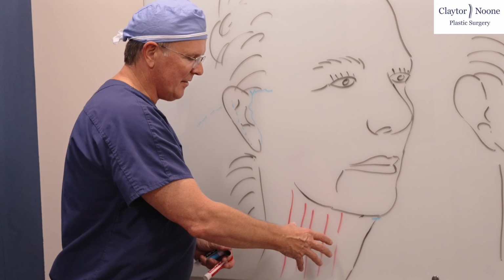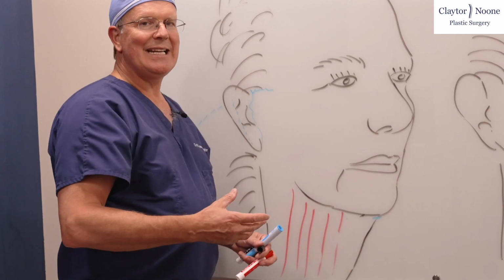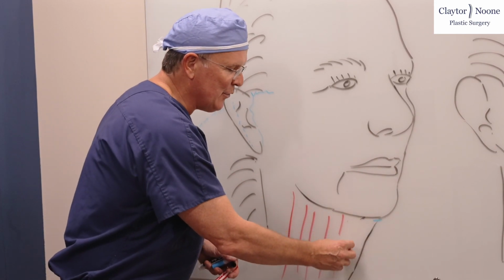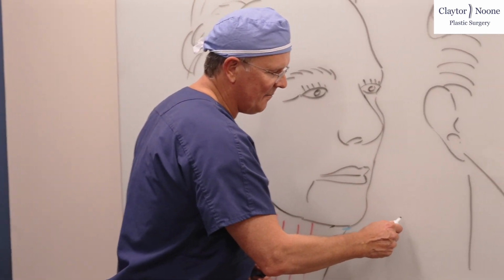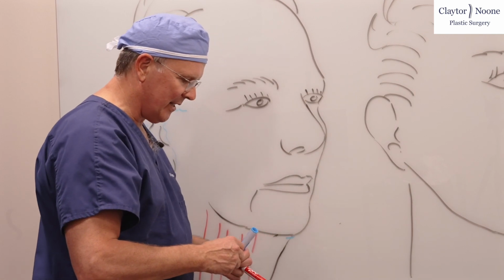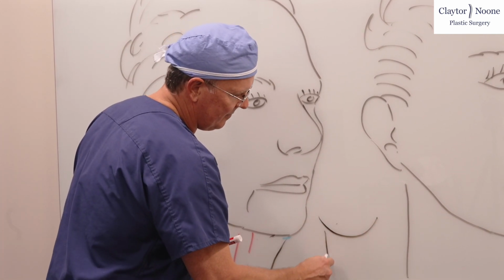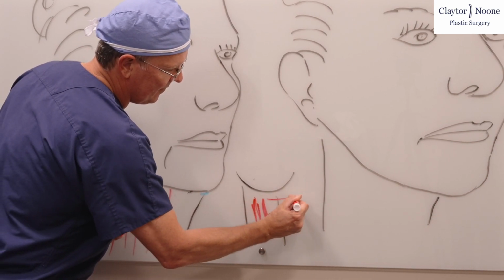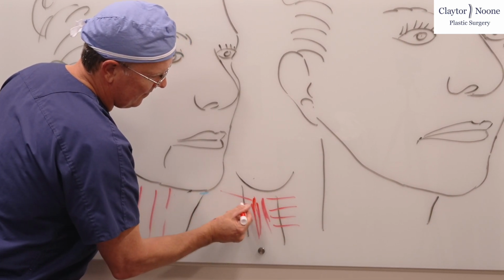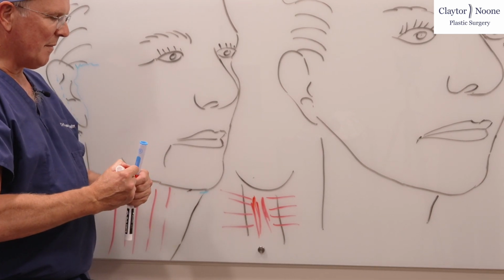The platysma muscle, what we like to do with that is in the center, we unify it. And what that means is if you were looking at the neck from the midline, you have these muscles here.